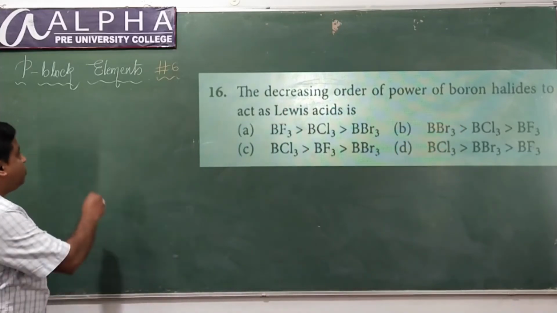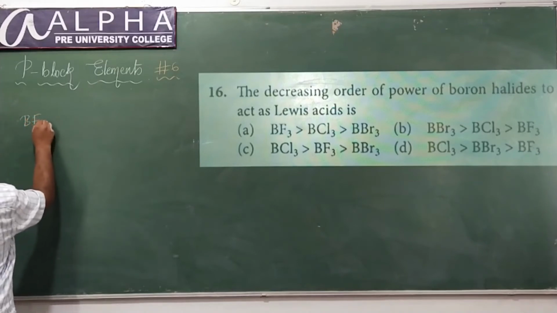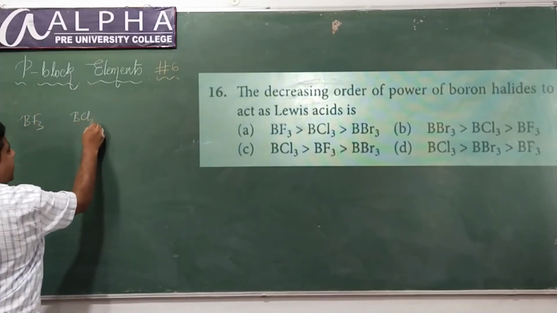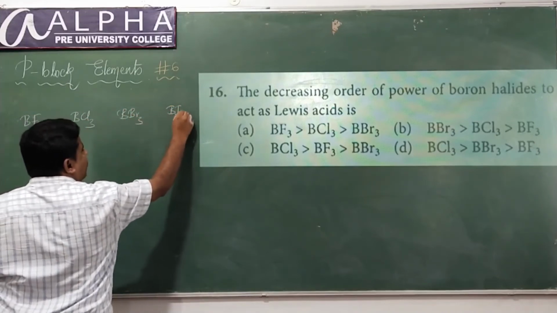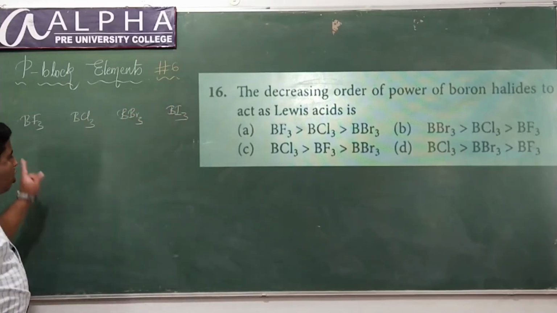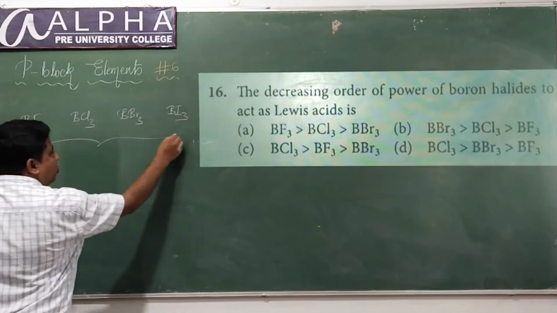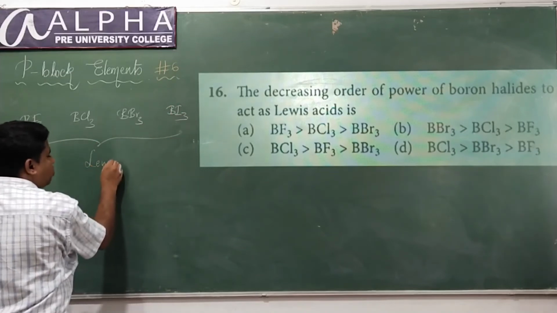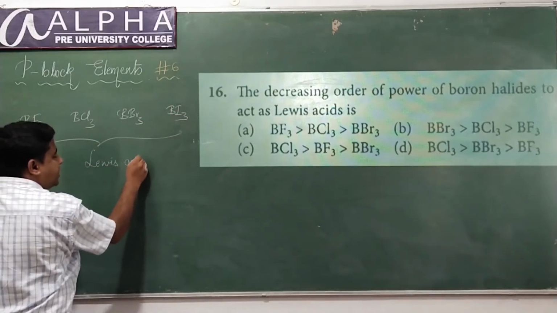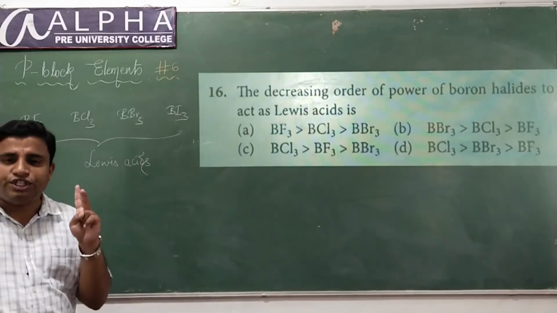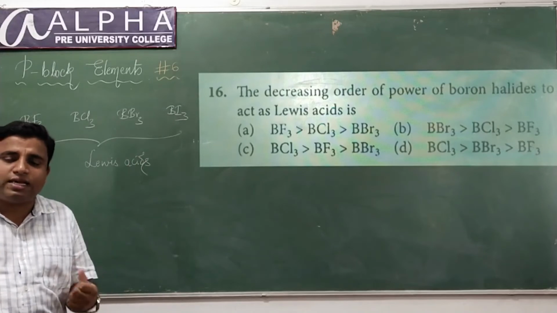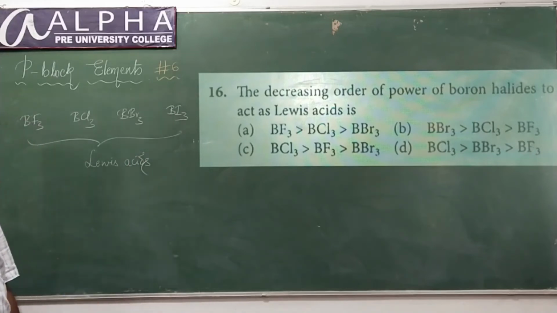We have boron trifluoride, boron trichloride, boron tribromide, and boron triiodide. All of them are Lewis acids, no doubt. Why are they Lewis acids? Because the central atom boron is deficient of 2 electrons. It is ready to accept electrons. That is why they are Lewis acids.